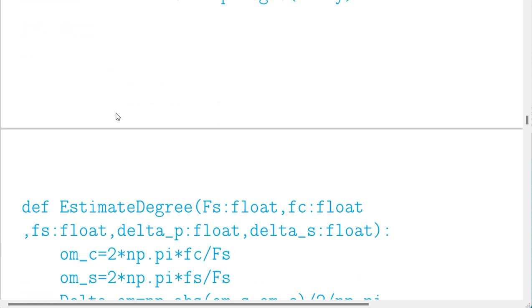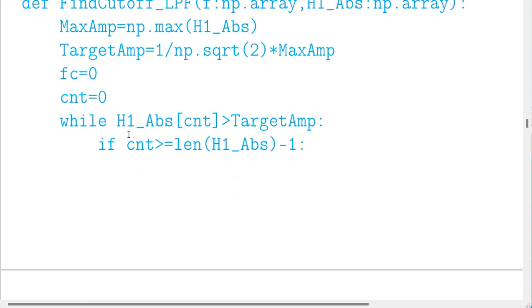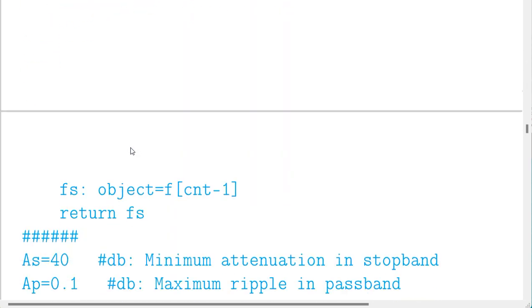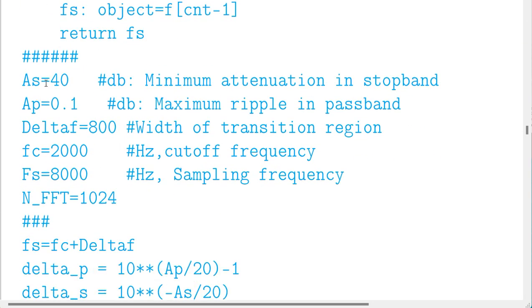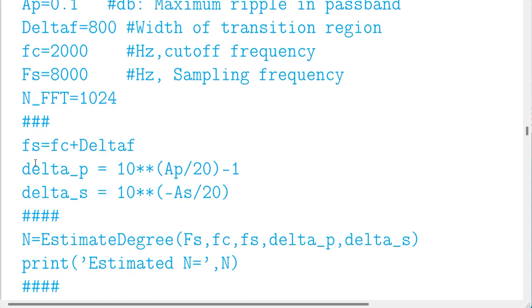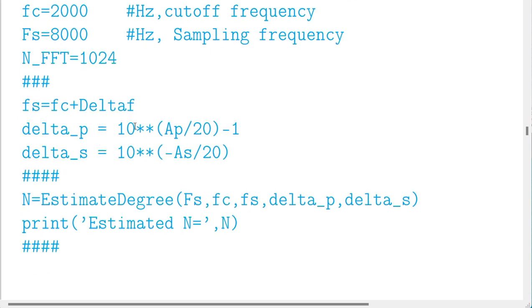Here you see the details of the coding. Okay. Declaration of the parameters. Computing stop band frequency Fc plus delta F, delta P, and delta S being converted back to normal numbers, not in dB.